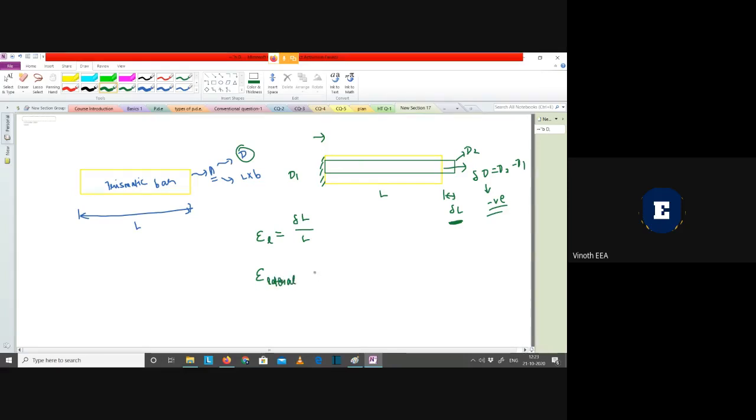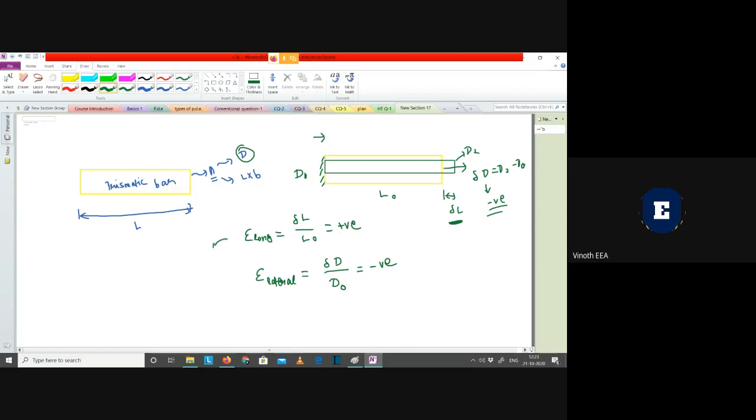That is the lateral strain or transverse strain, equal to change in diameter with respect to original diameter. Let the original length be L0 and the original diameter be D0. Change in diameter by original diameter is the lateral strain.